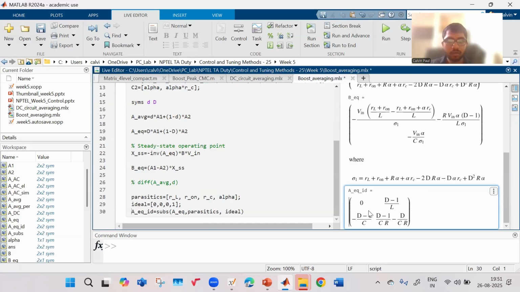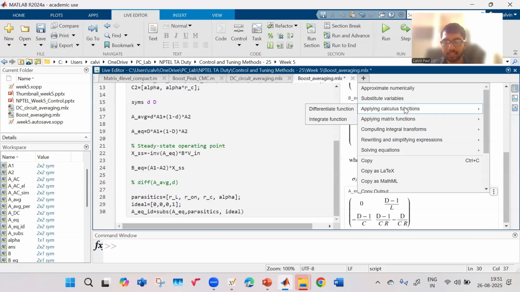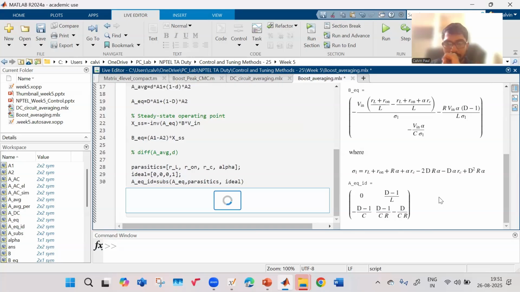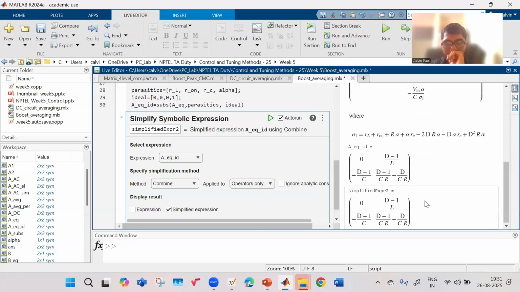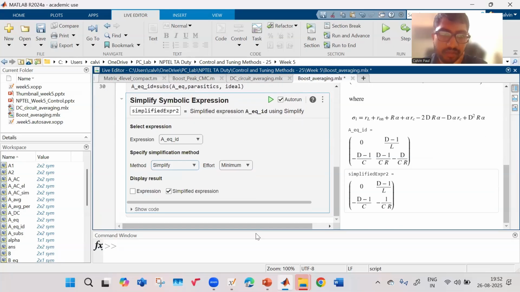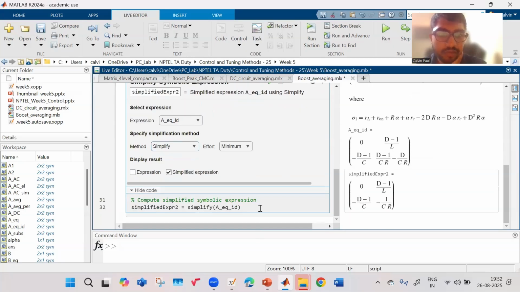Yes, sir. But that 1 minus D into 1 minus, that step we have to manually do. It's not able to do that. Simplify. It did it. Create a simplified expression, show the code. This is what I have to use.